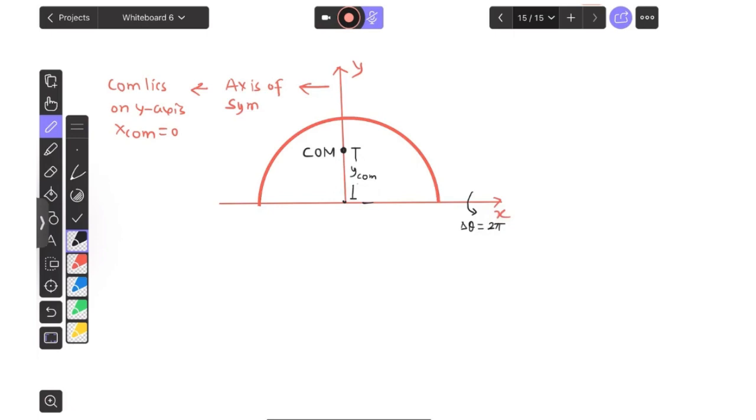What we are rotating now is not a ring, but a semicircular disk. If I rotate a semicircular disk for one full rotation about the x-axis, what exactly do we generate in 3D?